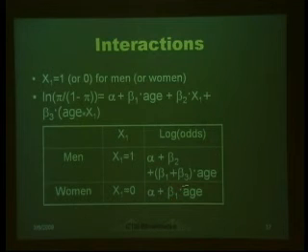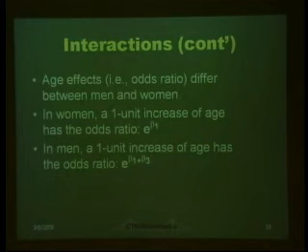Now for the woman, the odds for age is e to the beta 1, but in the man, the odds for age becomes e to the beta 1 plus beta 3. So the age effects differ between men and women.